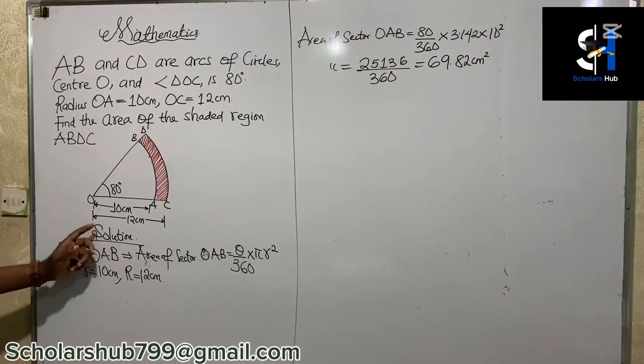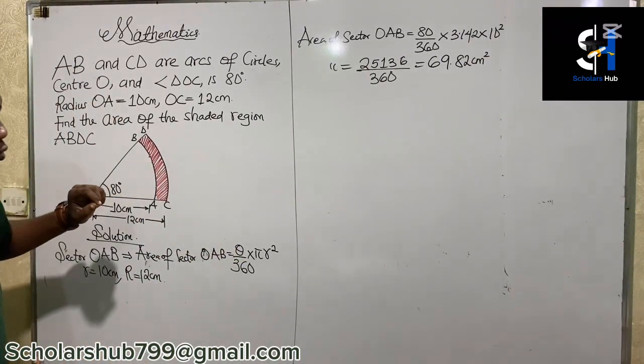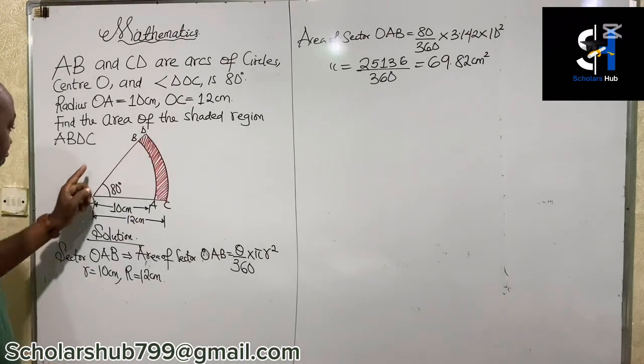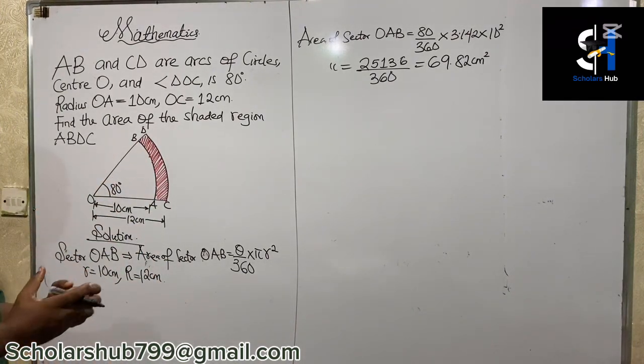To calculate the area of this shaded region, we need the area of the bigger sector minus the area of the smaller sector.